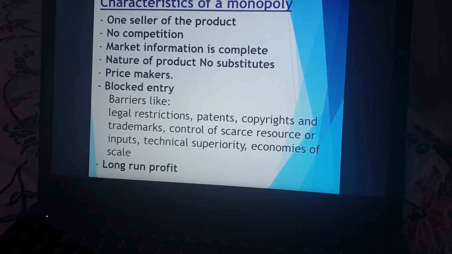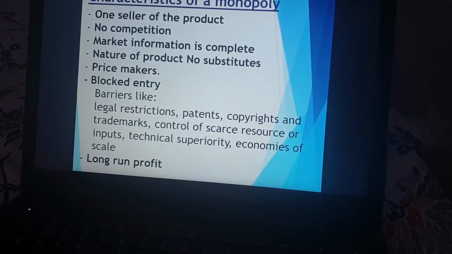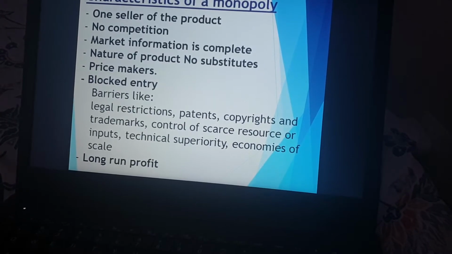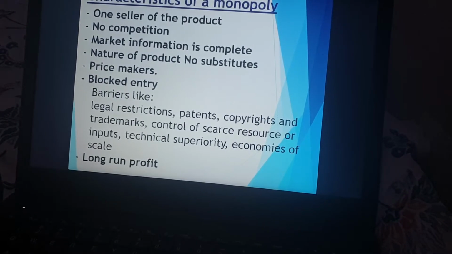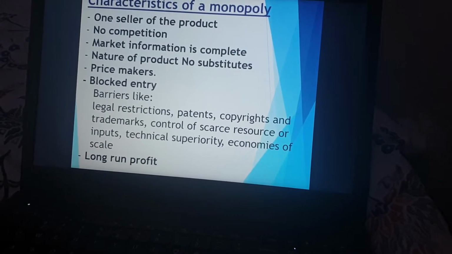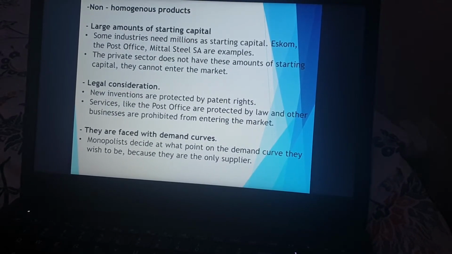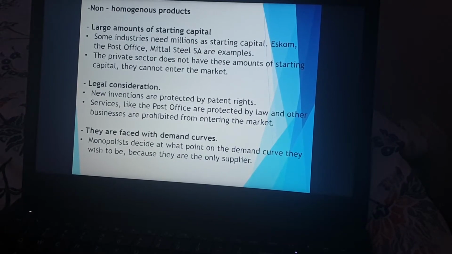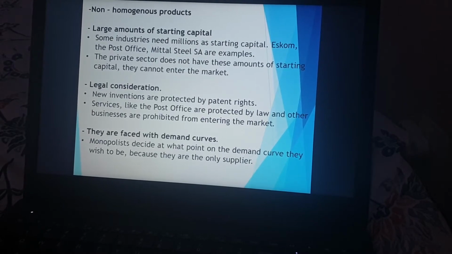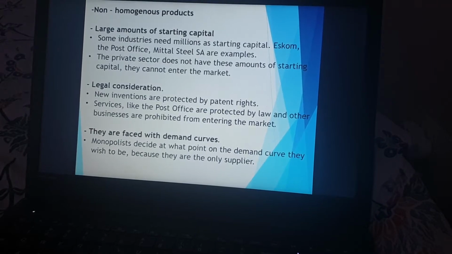Barriers like legal restrictions, patents, copyright, and trademarks, control of scarce resources or inputs, technical superiority, economies of scale, and they make a long run profit. Non-homogeneous products, large amounts of starting capital. Some industries need millions as starting capital, like Eskom, Post Office, Middle Steel SA.